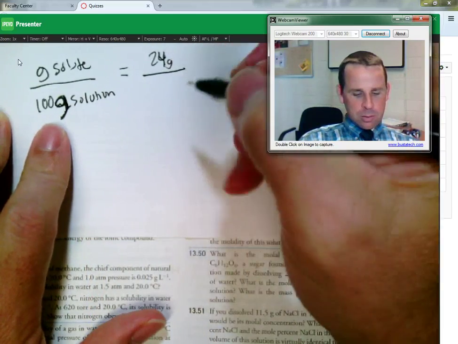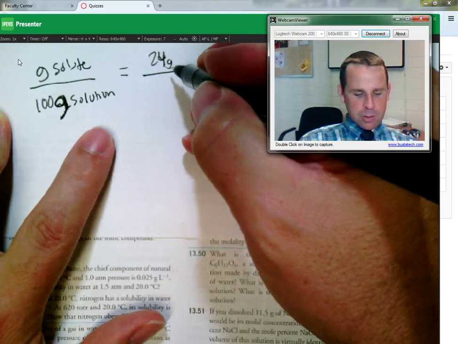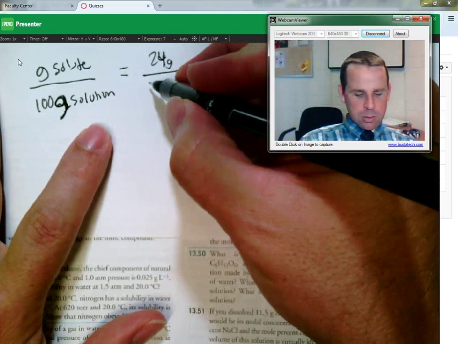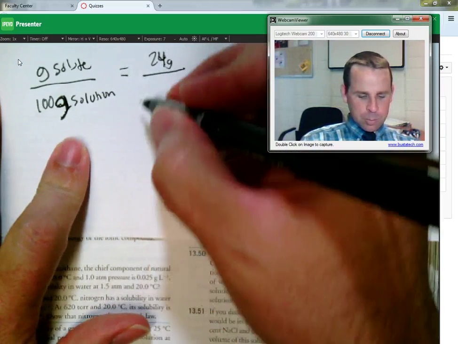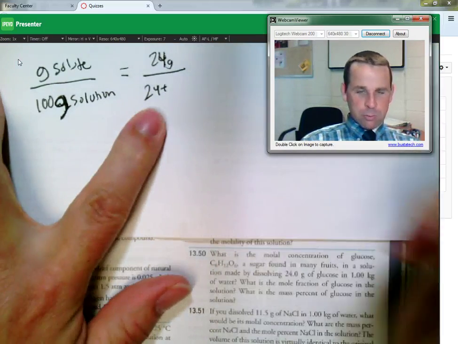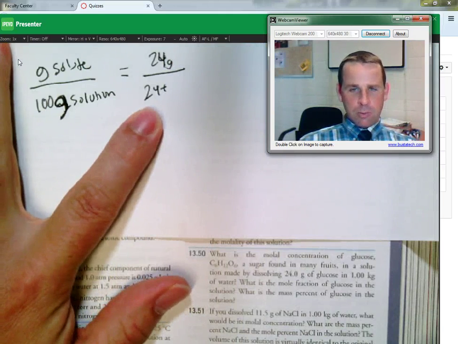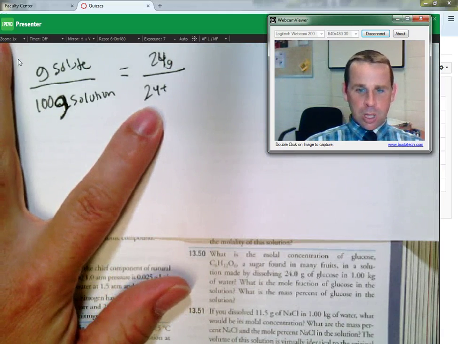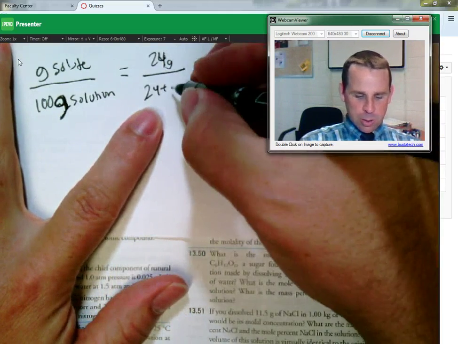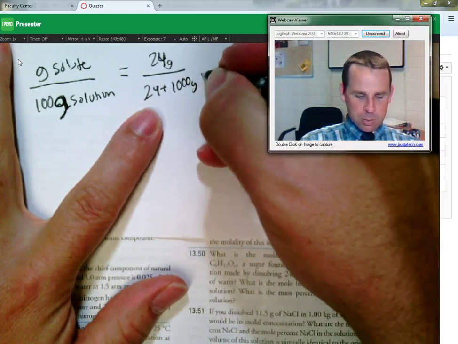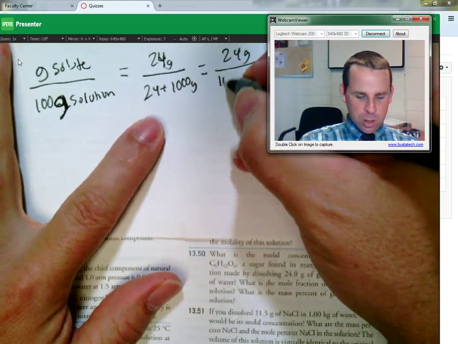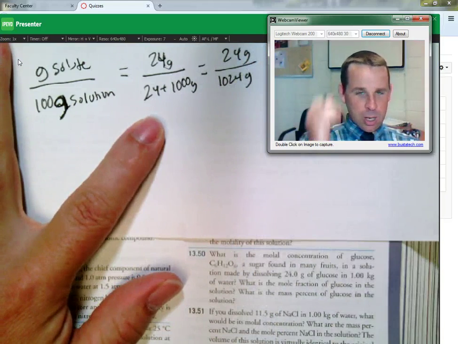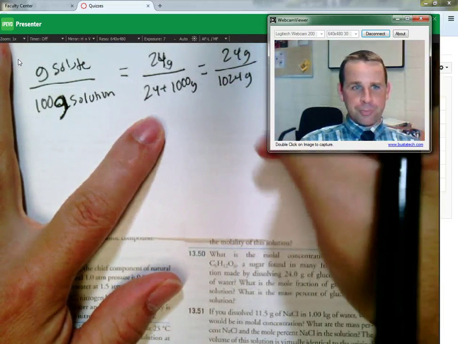Well, 24 grams divided by a total of 24 plus, because 24 of the solution's mass is from the glucose, and then the other mass is 1 kilogram, so 1,000 grams. So if you took the 24 grams and divided it by 1,024, that's the grams of solution.